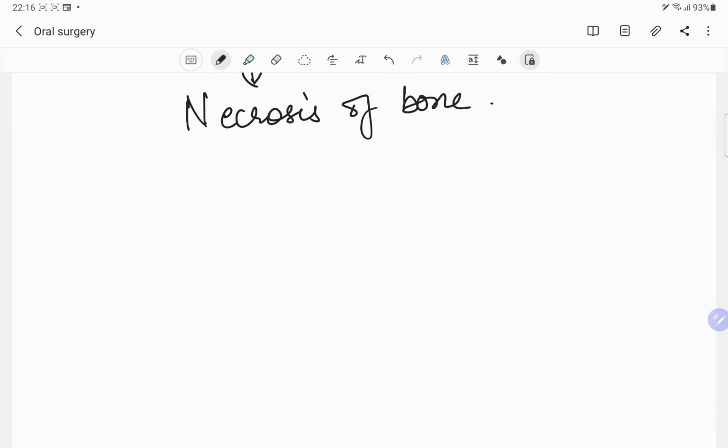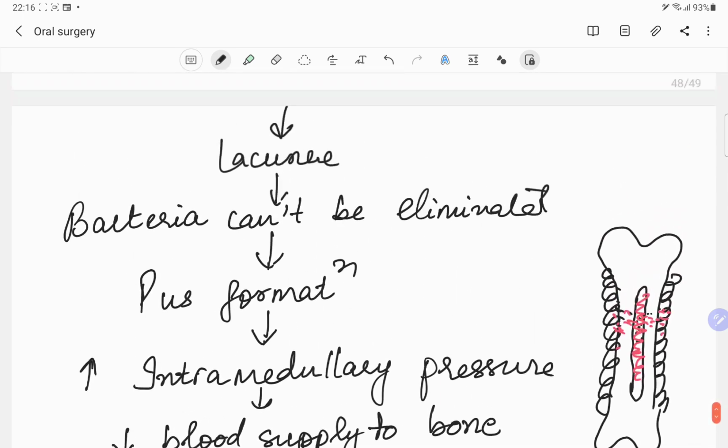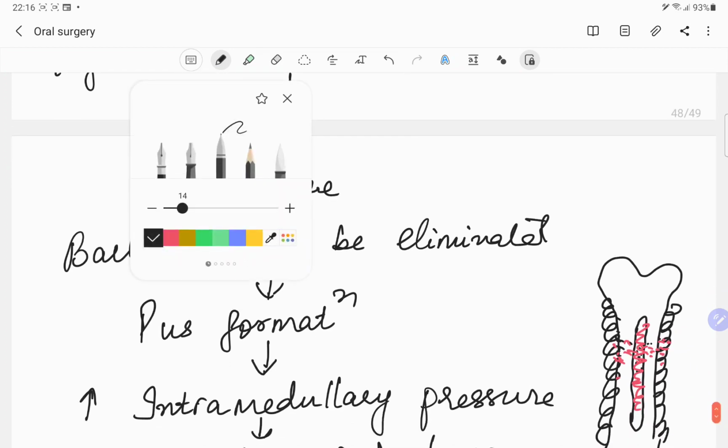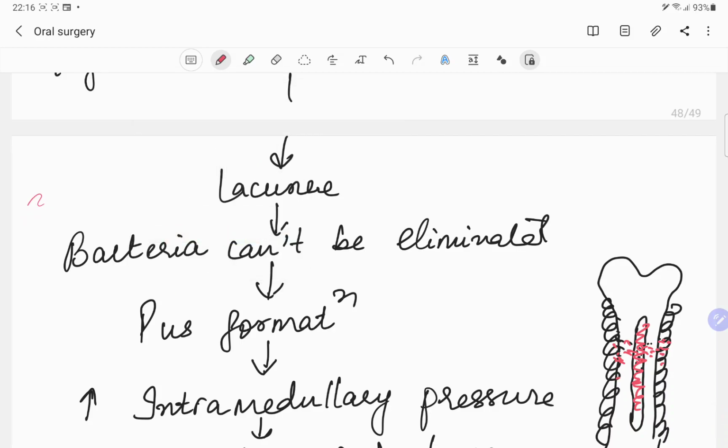So it starts from an inflammatory reaction. As you can see, then there is a bacteremia. So in osteomyelitis, there is an inflammation which leads to infection, and the most common bacteria, let's write it here, which is involved in osteomyelitis is Staph aureus. This is the most common bacteria.